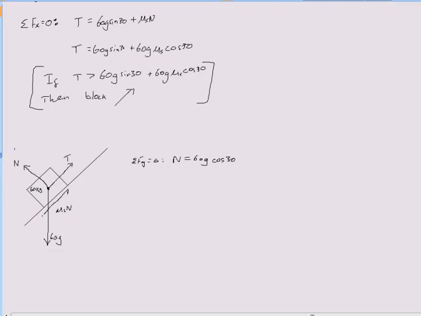And we know that a lower limit for which T needs to be in order for the block not to move is that the sum of forces in the x direction must be equal to 0. This is for the block not to move.